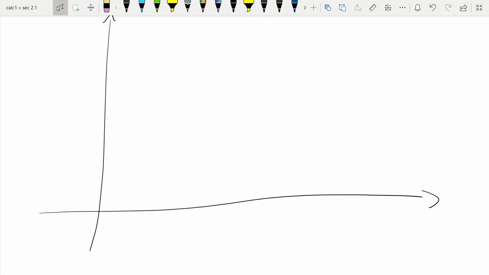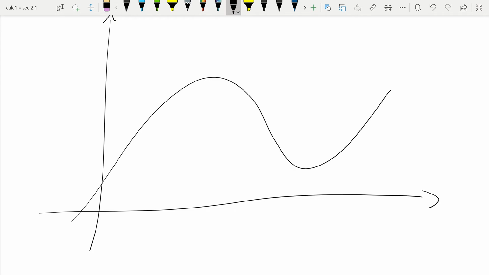Now we'll consider more points, and we'll actually let h become smaller and smaller. And this is the graph of f, and these are the 2 initial points, a and a plus h.